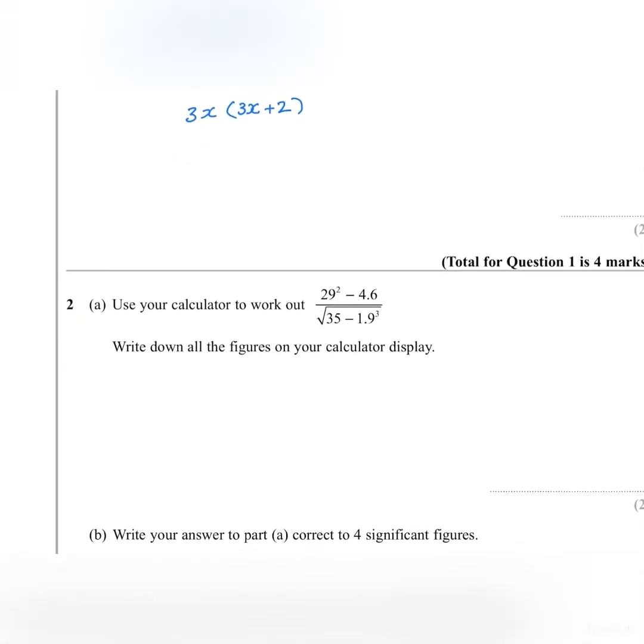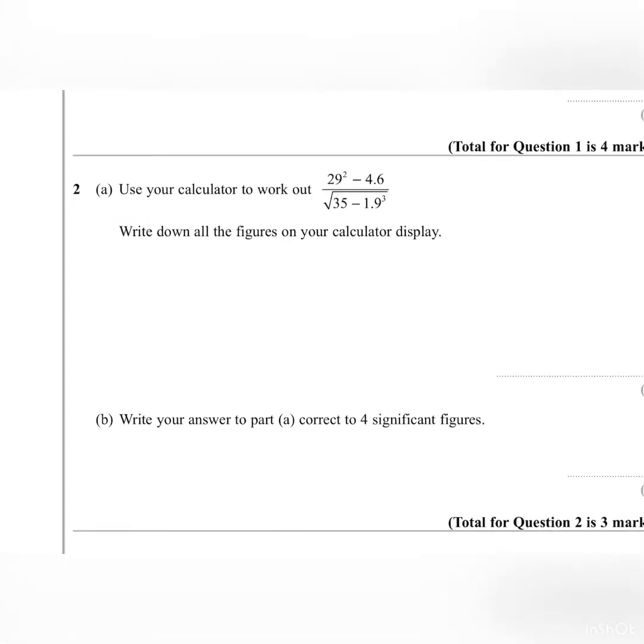Question number 2 says use your calculator to work out 29 squared, take away 4.6, and all of that divided by the square root of 35, take away 1.9 cubed, and write down all the figures on your calculator display.